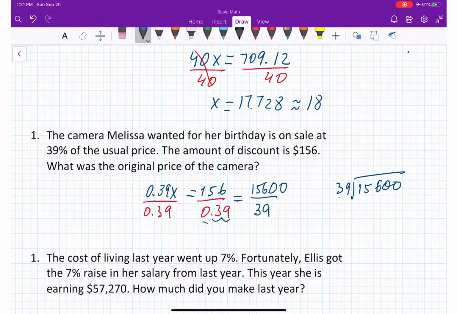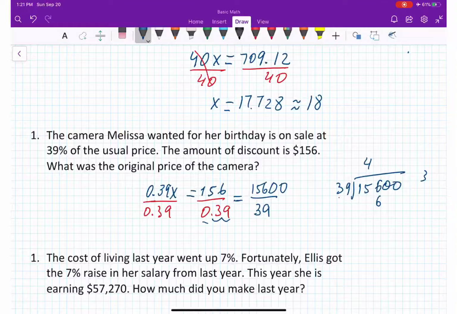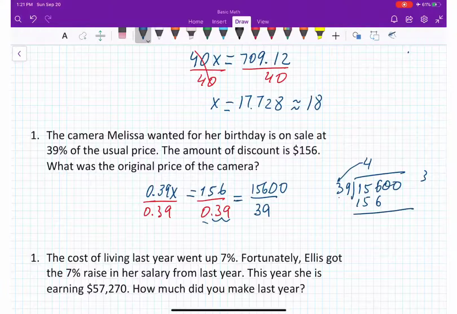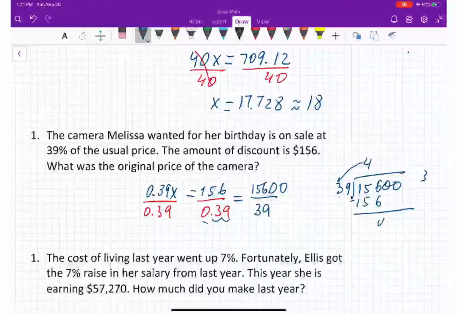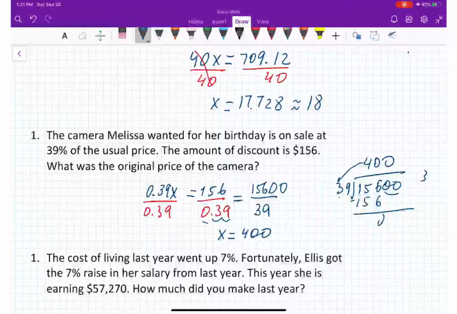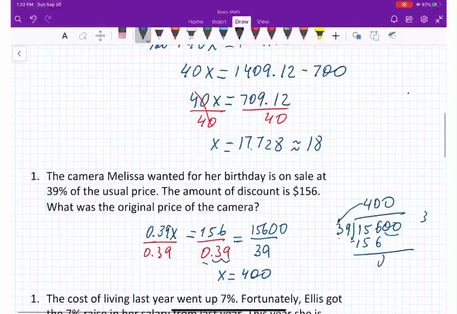So I'm taking 156. That is going to be 4 times maybe? 4 times 9, 36, 3 in mind. 4 times 3, 12, and 3, 15. Okay, so the remainder is 0, and these zeros I'm attaching here, which is going to be X is equal to $400. Okay?